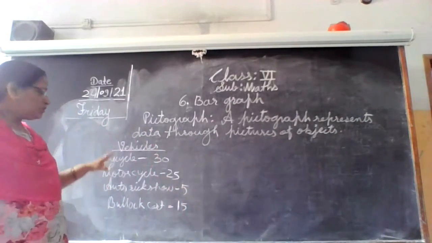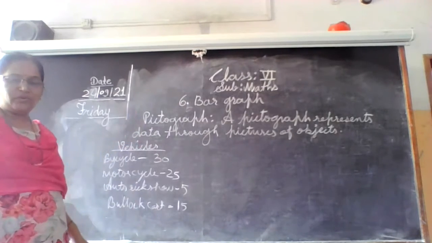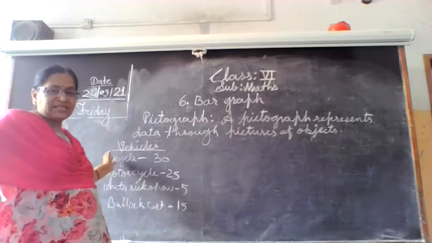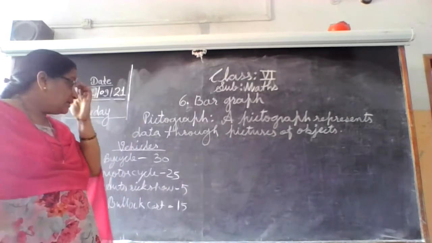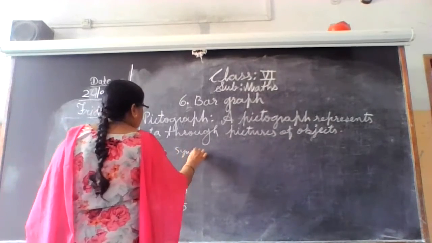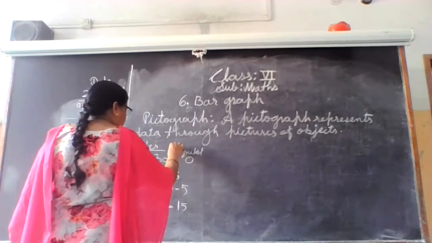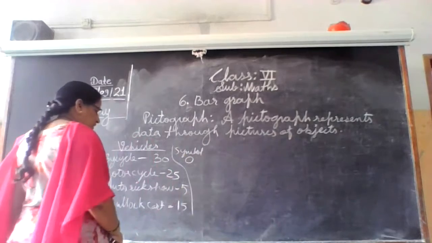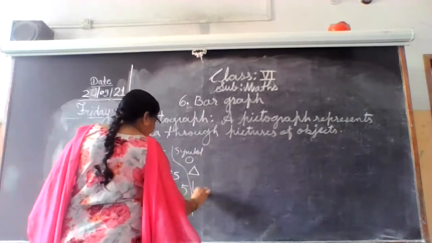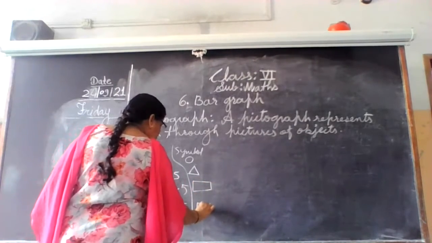Okay, so you have to show this data using pictograph. So we will try to represent. It is very difficult to draw a bicycle, motorcycle, and car, so I am taking a symbol: circle for bicycle, triangles for motorcycle, rectangles for auto rickshaw, and squares for bullock cart.